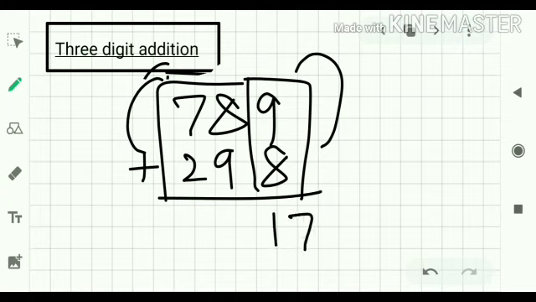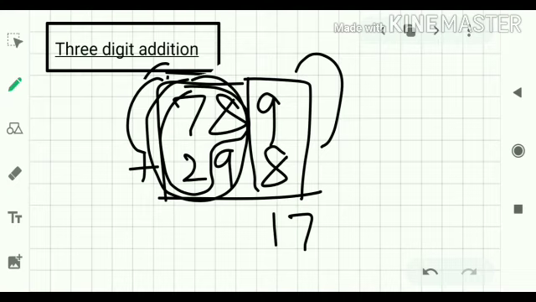Now as you can see, this sum becomes part of the first case, wherein we added a 2-digit number with a 2-digit number. Now this can be pretty simple. 78 plus 20 is 98, and 98 plus 9 is 107.